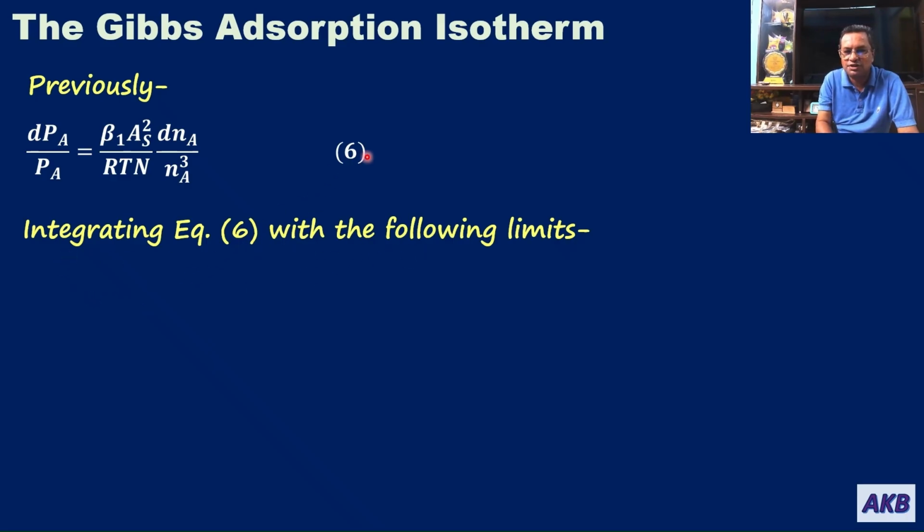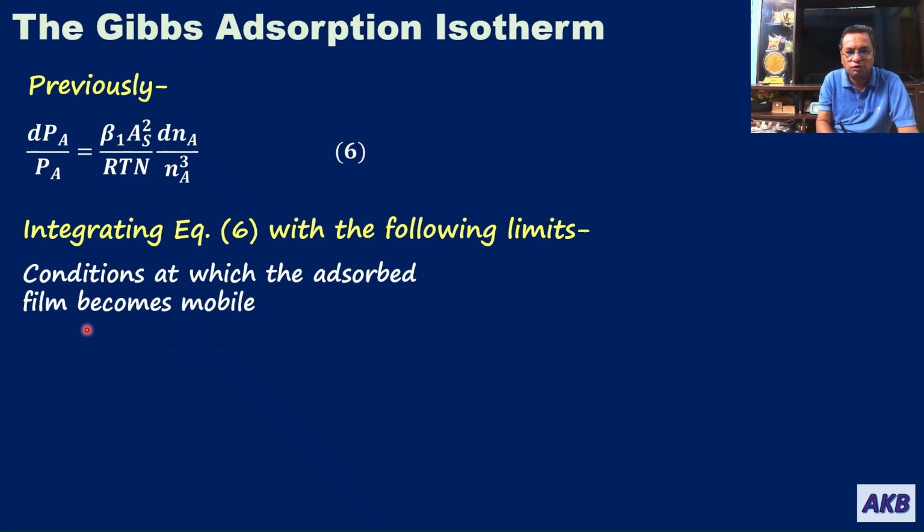So we integrate equation number 6 with the following limits. One limit is the conditions at which the adsorbed film becomes mobile, that is, the conditions at which the layer of molecules on the surface starts moving.